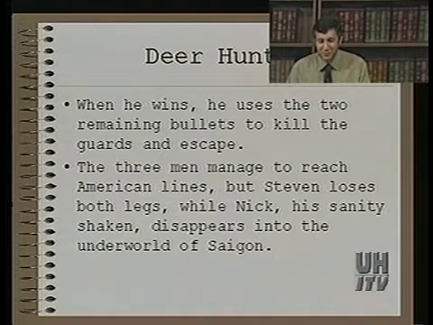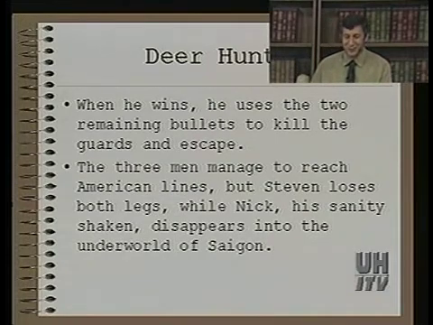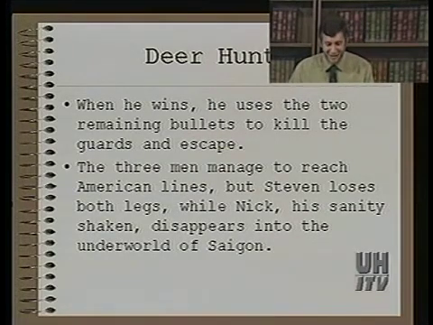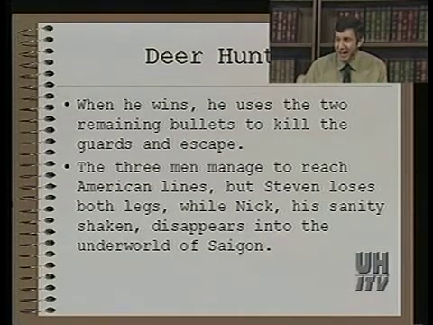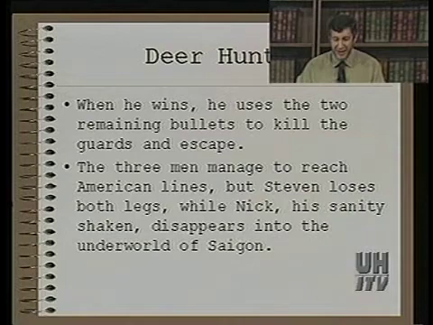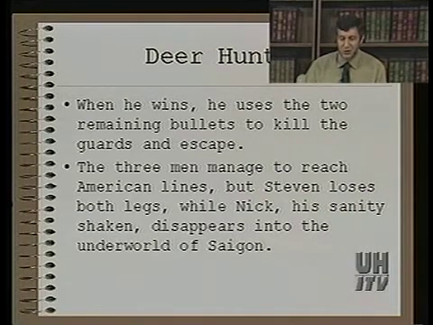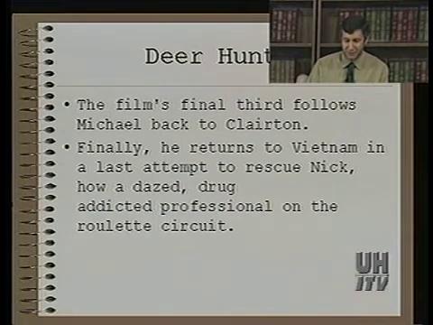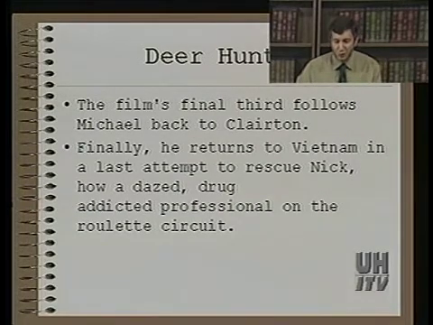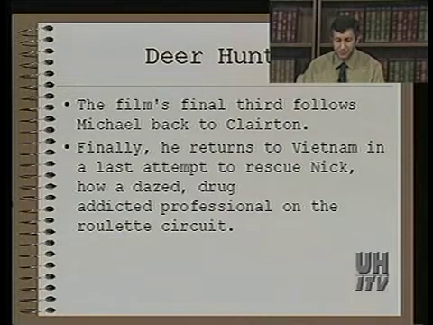Now, in the film, when he wins, he uses the 2 remaining bullets to kill his guards and escape. The 3 men manage to reach American lines, but Stephen loses both legs, while Nick, his sanity shaken, disappears into the underworld of Saigon. The film's final third follows Michael back to Clarenton.